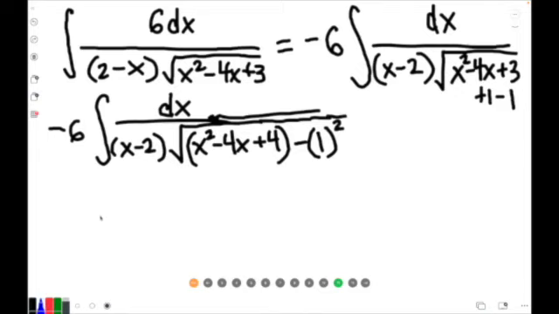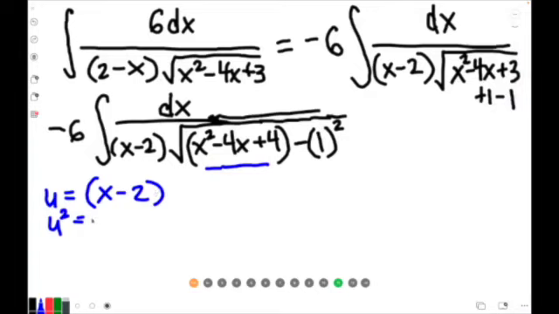So now let's identify what is what. First of all, we forced u to be x minus 2. u squared would be this one, that's x squared minus 4x plus 4.